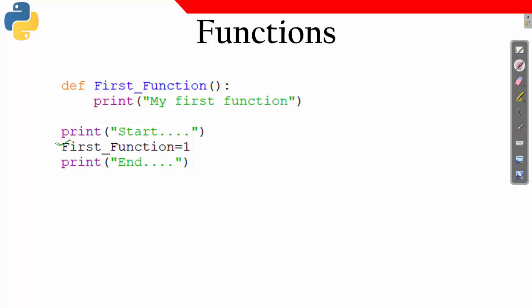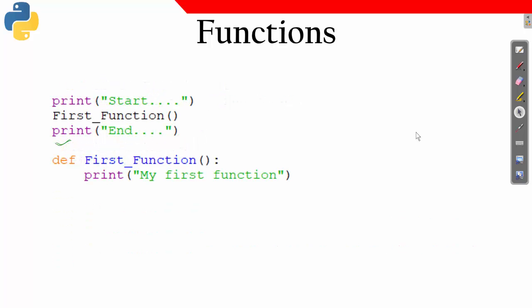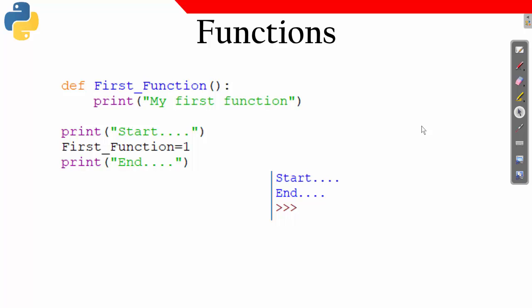Whenever I call the function, you can see in the previous example, it is called with the brackets along with the function name. Without the brackets it will become a variable. So be careful when we are calling the function. The function name must be followed by brackets when you are calling it.